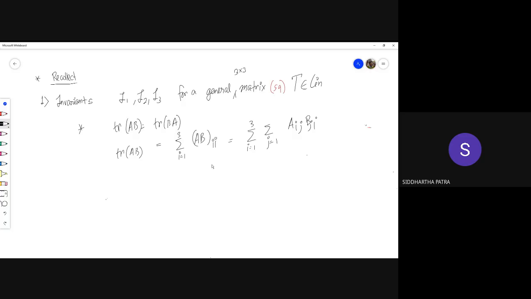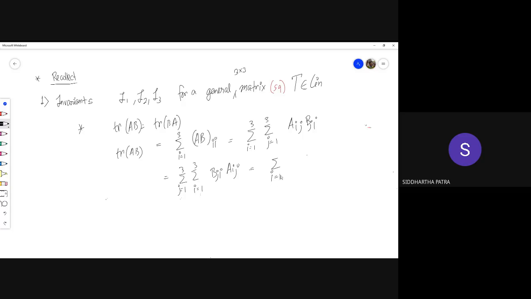Again, these summations are independent, and the order can be changed. So this can be written as summation over j equals 1 to 3, summation over i equals 1 to 3, bji and aij.